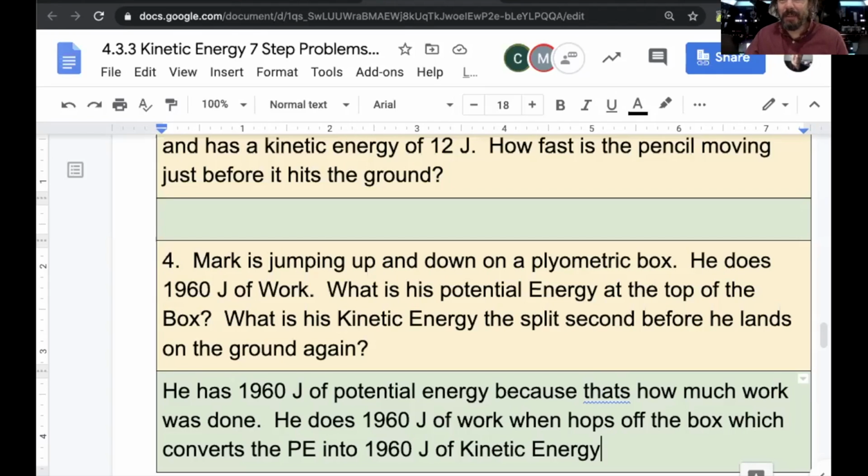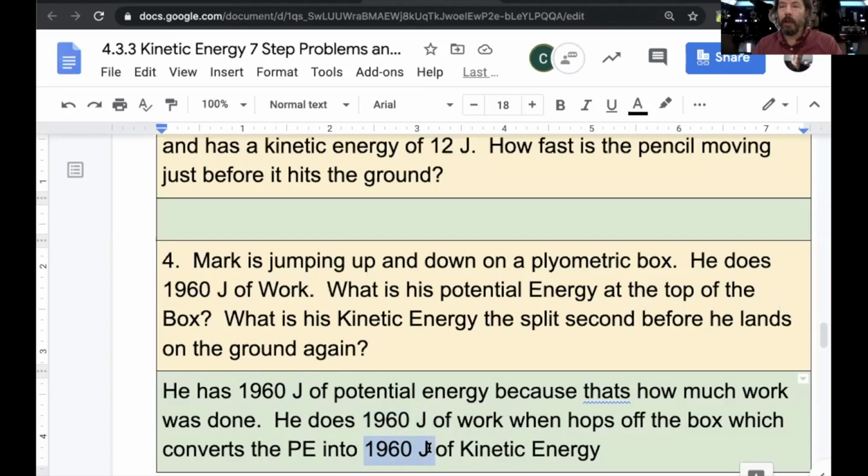So this is basically the underlying principle of the work-energy theorem and conservation of energy. I did 1960 joules of work and I got 1960 joules of potential energy, which I then did 1960 joules of work because of the potential energy and turned it into 1960 joules of kinetic energy.